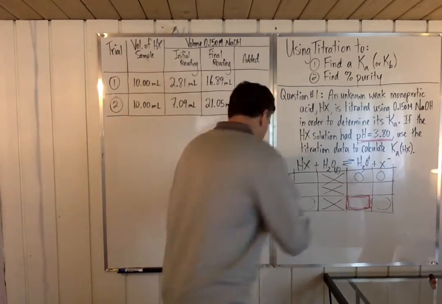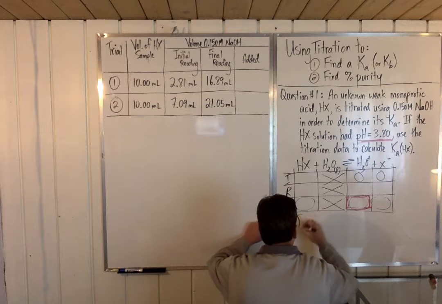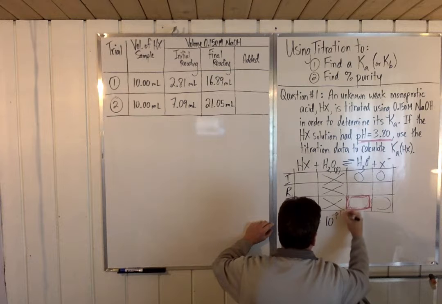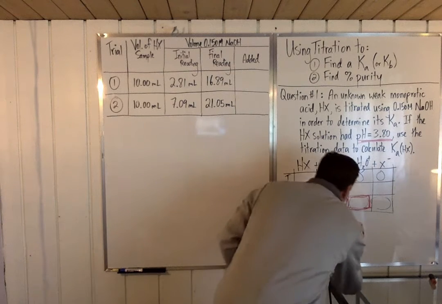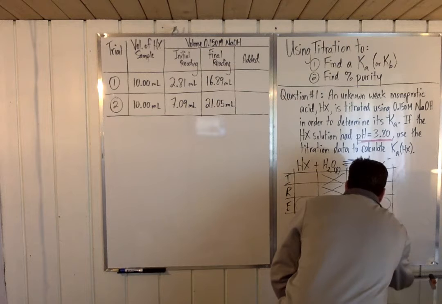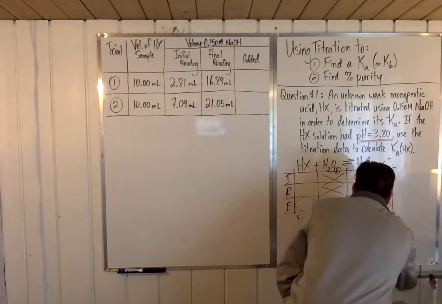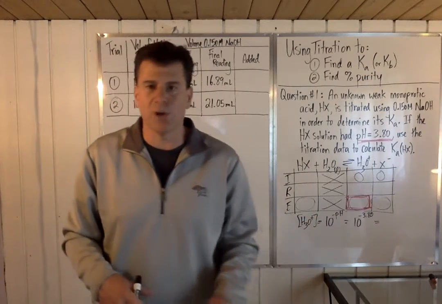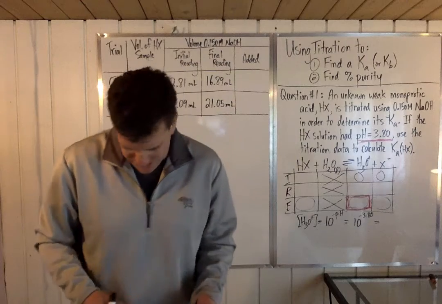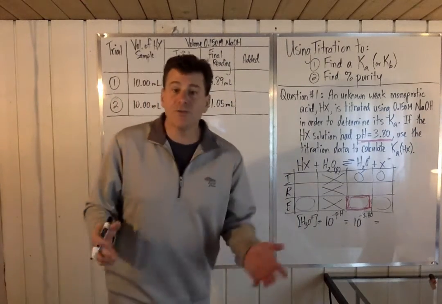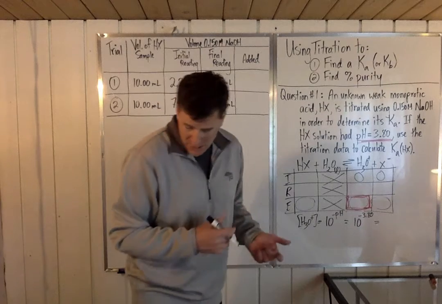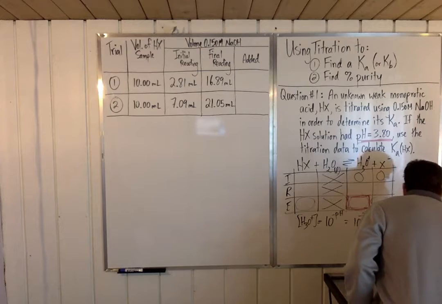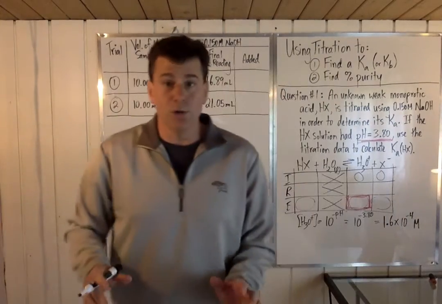So, the hydronium concentration equals 10 to the power of the negative pH, which is 10 to the power of negative 3.80. You have to go back to acid-base, and you know at this point probably how to convert a pH back into a hydronium concentration. If you do that, 10 to the power of negative 3.80 comes out to 1.6 times 10 to the negative 4 molar.